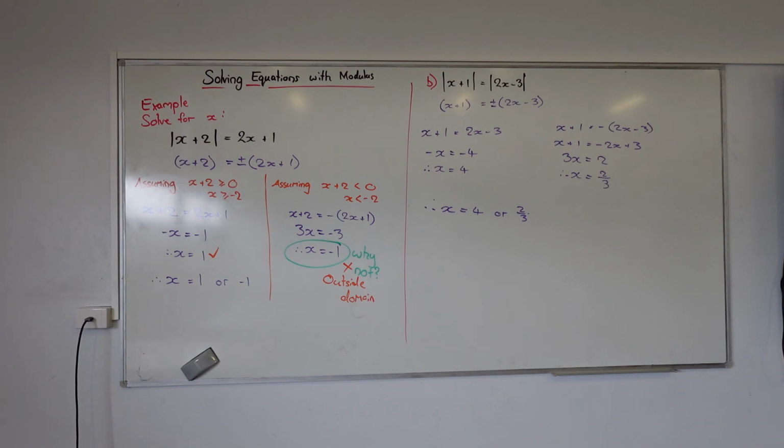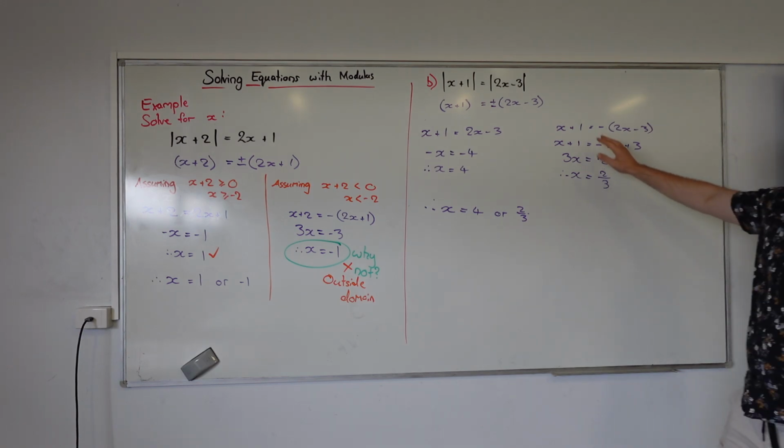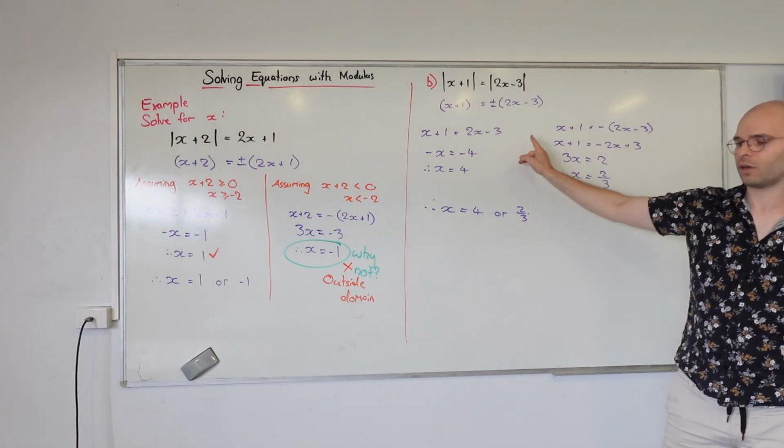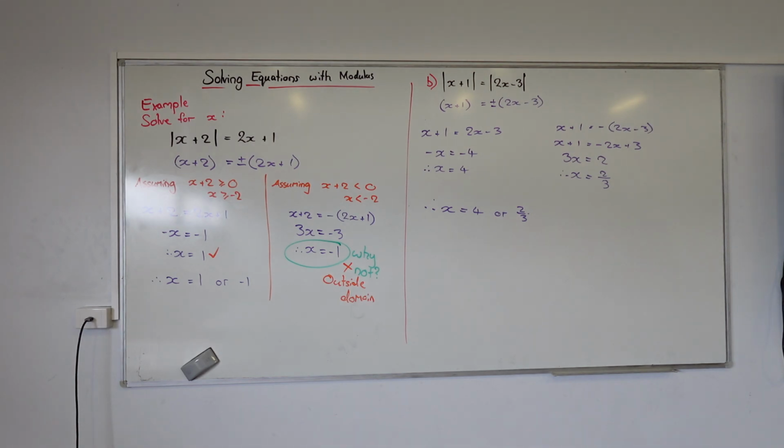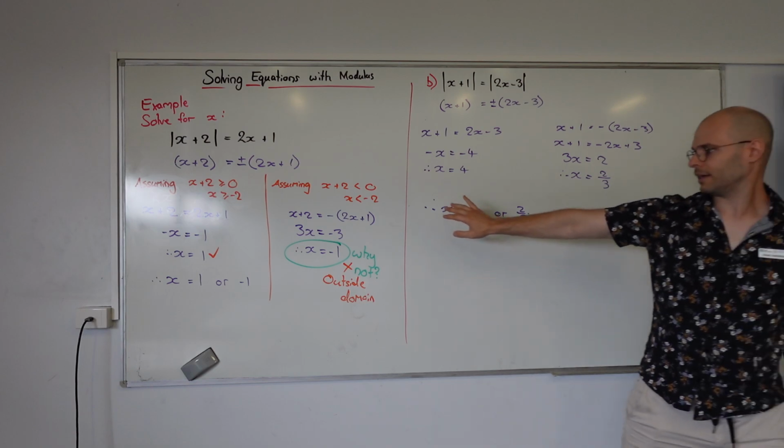It doesn't matter what side you pick, even on this one here, your domains will still match up with the answers you get. But that is why when we look at the graphical interpretation, we're missing that x equals minus 1 solution, because it's not in our domain and there's no need to go any further than that orange writing on the right here.